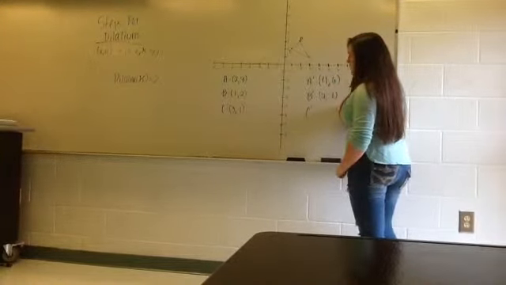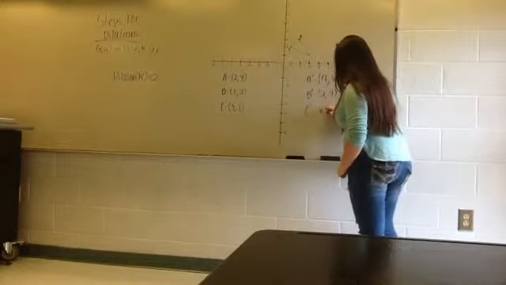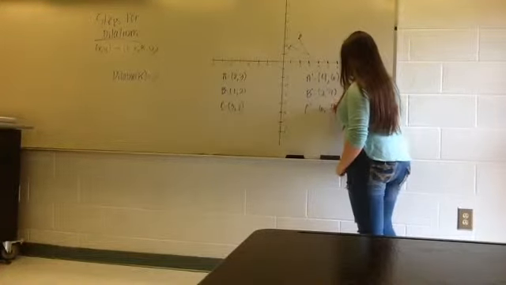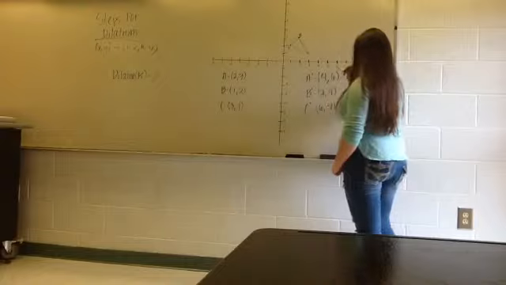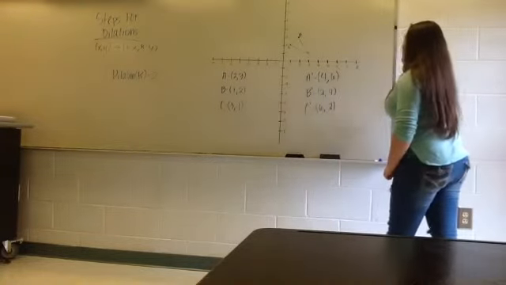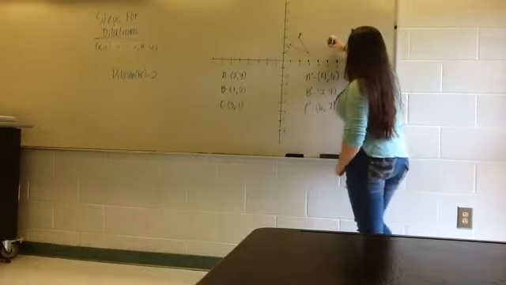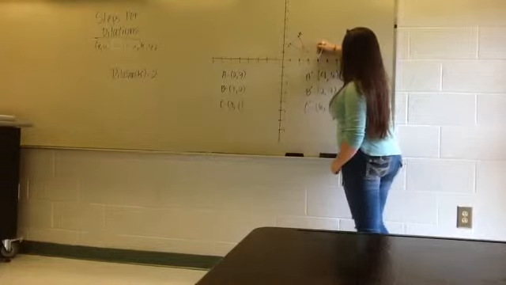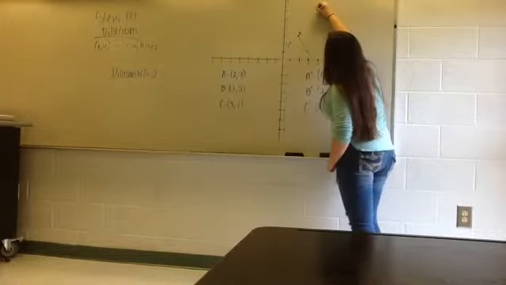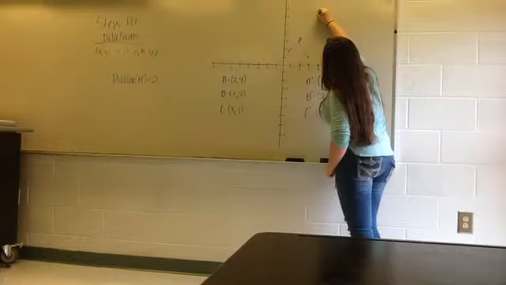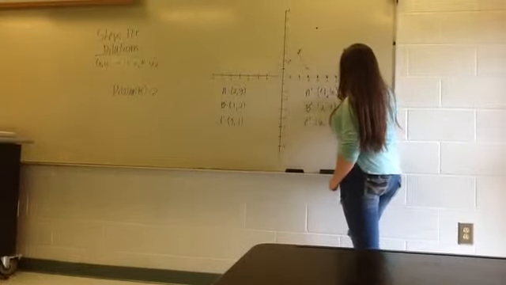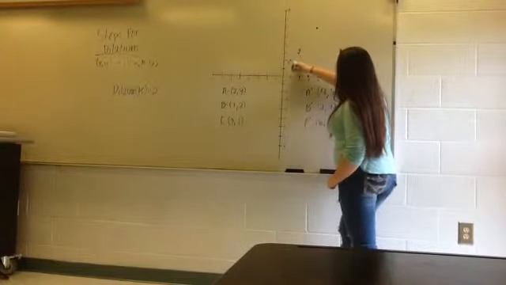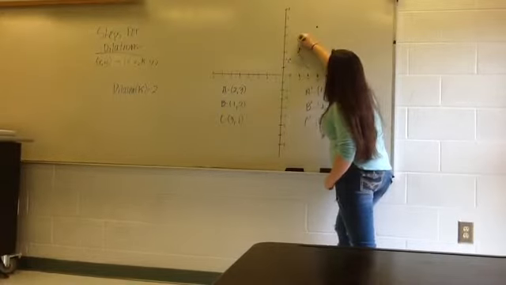And for C, we have 3 times 2, which is 6, and 2 times 1, which is 2, and that's our new C coordinate. So now we're going to graph them on our coordinate plane. For A, we have 4, 6, so we're going to go over 4 and up 6. For B, we have 2, 4, so that means we're going to go over 2 and up 4.